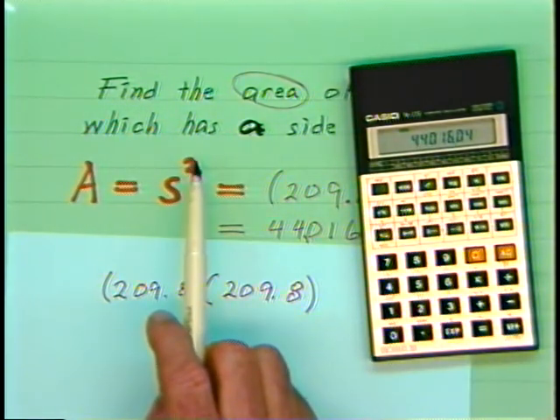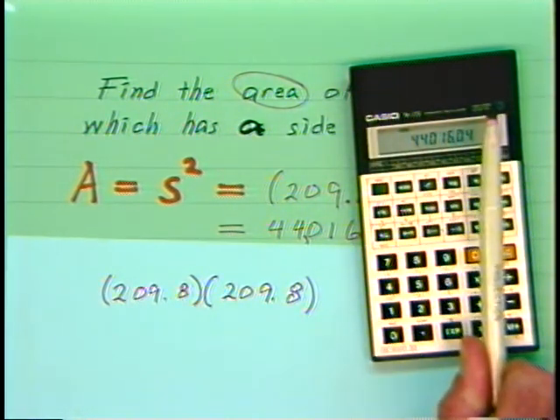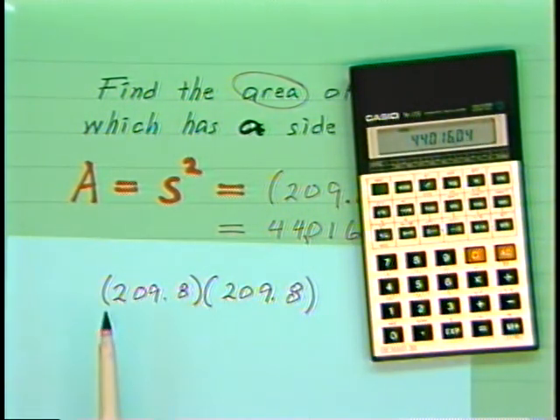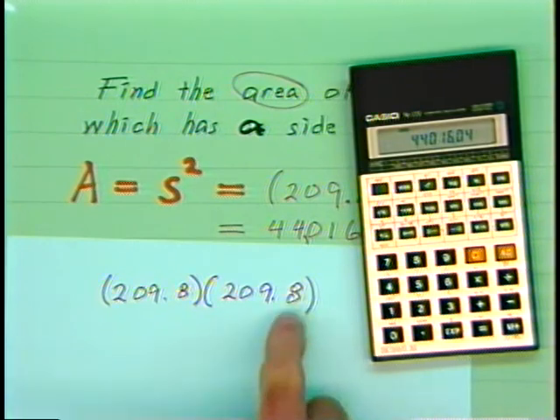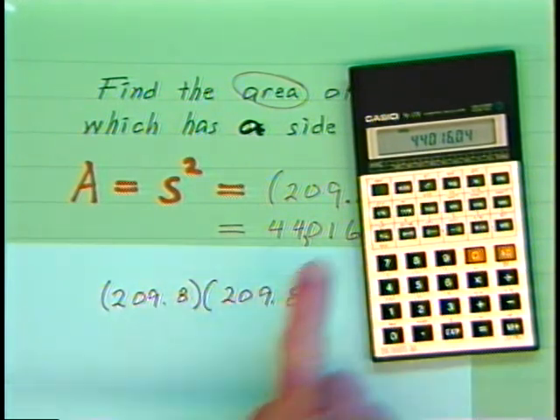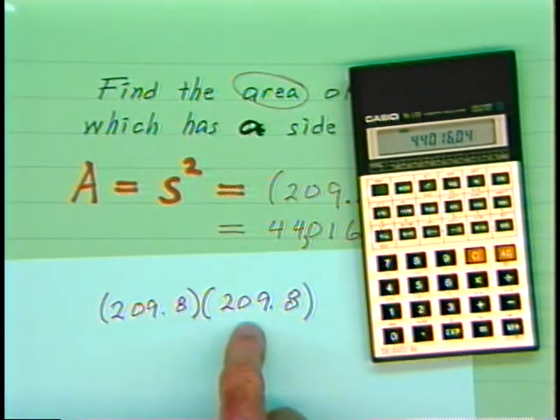If this squaring is something that's done quite frequently, it would be nice if they could design a calculator so that all I have to do is enter this number once and push a special button, and it would do this part for me. After all, it's got this number in its memory already. Why not use it twice rather than us having to enter it ourselves?